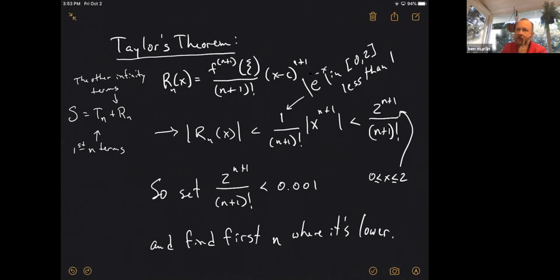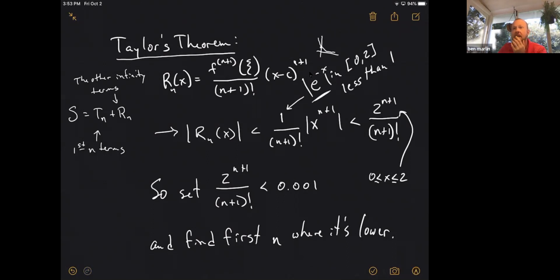No matter how many derivatives you take of that, you're getting either plus or minus e to the minus x. So if we think about how big that gets in the interval from 0 to 2, it is actually a function that you can graph, and it is going downward. The biggest value is at the left end.